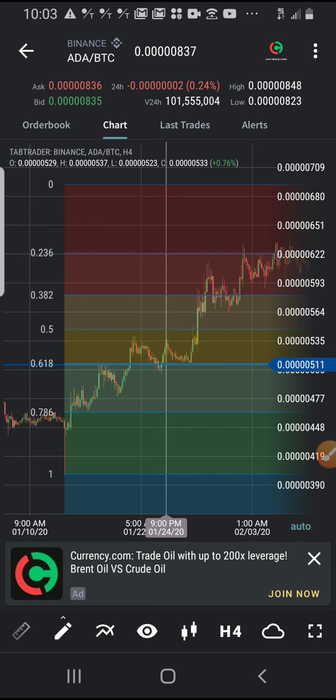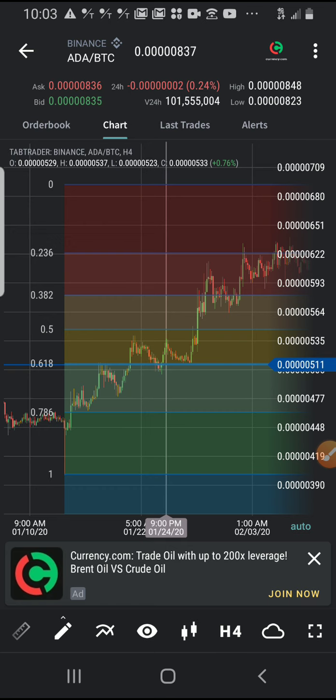When we are talking about Fibonacci retracement levels, we are talking about the levels of support and resistance as well. If a coin has gone up and started coming down, we are looking at the key levels of support. These numbers are indicating the key levels of support, especially the 0.618 and 0.5.